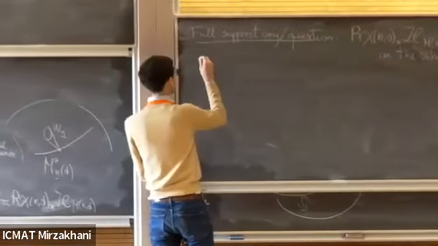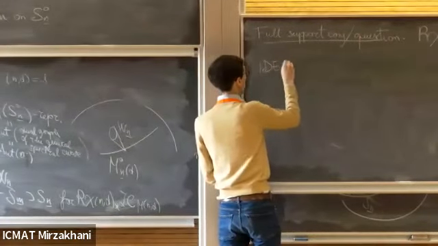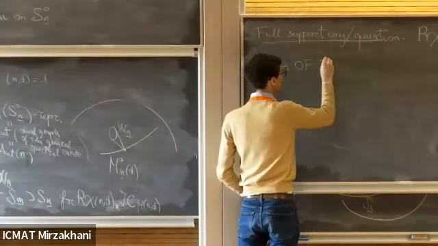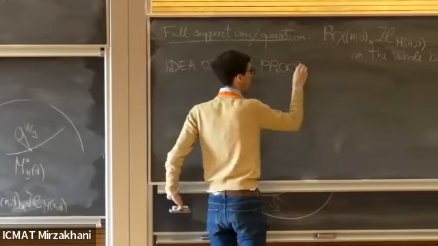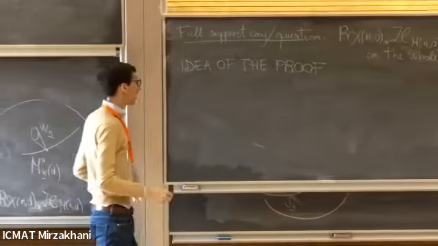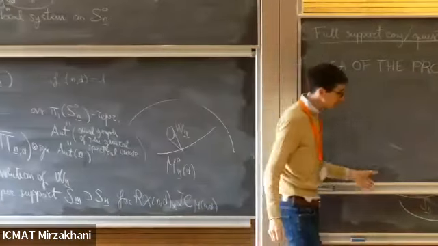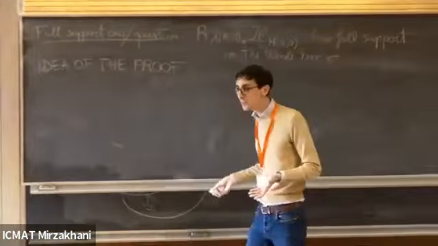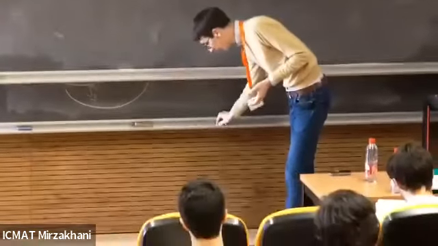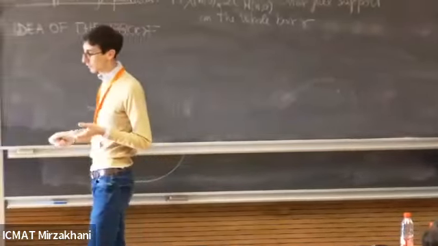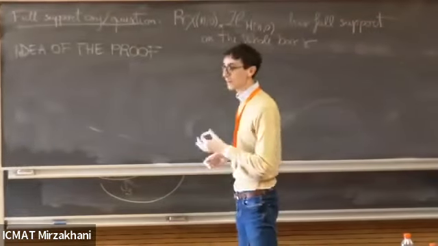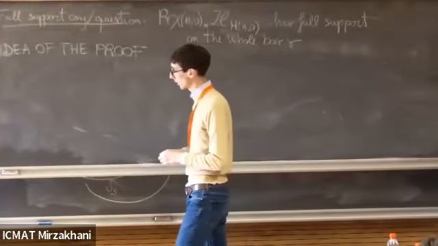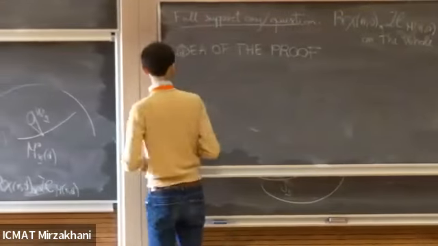But let me give an idea of the proof. The starting point is a description of the VNR correspondence given by de Cataldo, Heinloth, and Migliorini that hasn't been used that much in the literature, at least as far as I know.